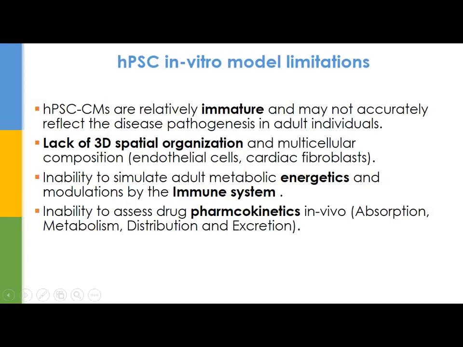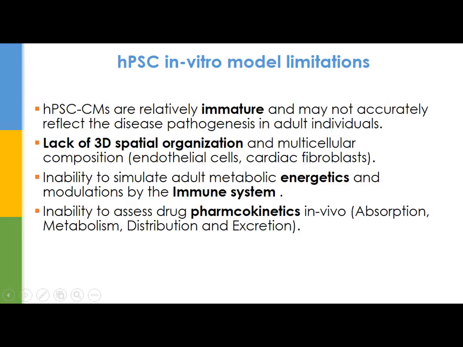There are additional several limitations of the human pluripotent stem cell in vitro model. These cells are relatively immature and may not accurately reflect the disease pathogenesis in adult individuals. Using these models, the cells lack 3D spatial organization, and we evaluate only cardiomyocytes.